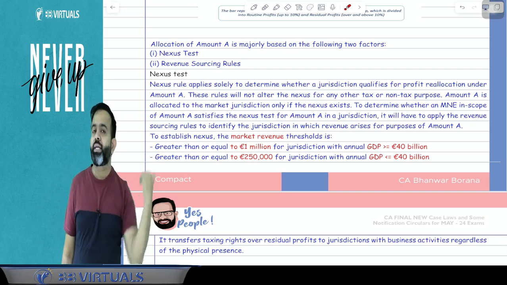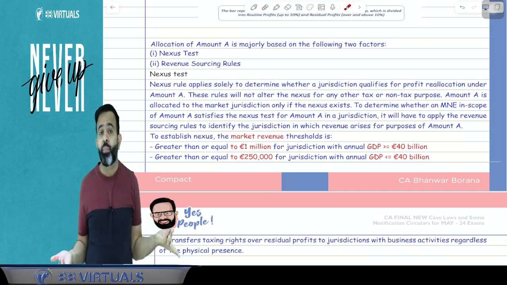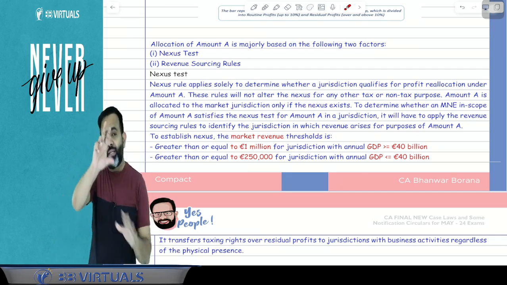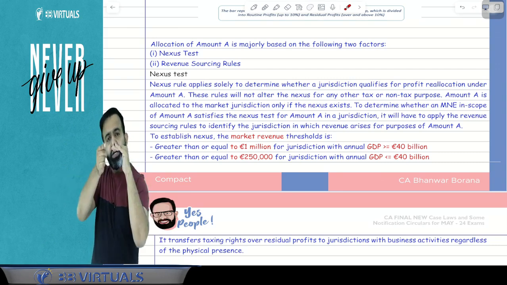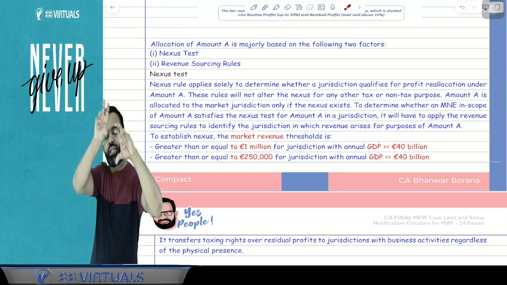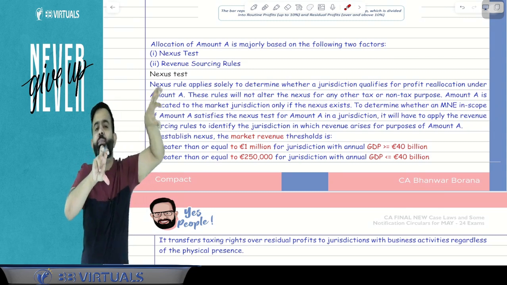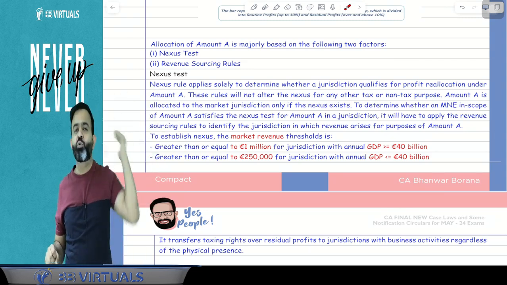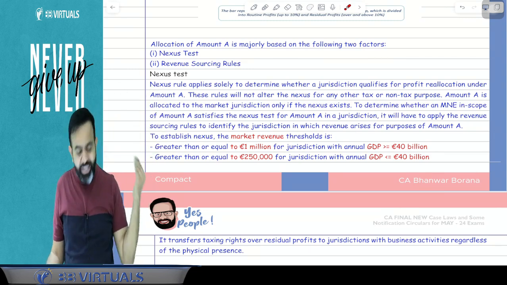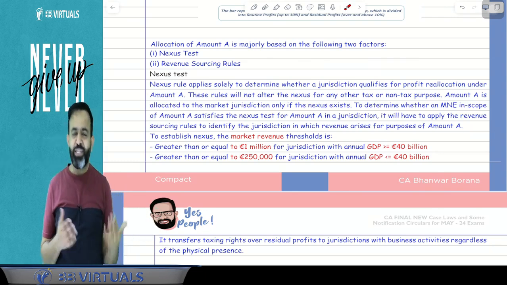For example, they are getting income from India, and in India they are not paying taxes. Then guys, their 10% profit is routine profit, and out of the profit above that 10%, 25% will be allocated to those countries on the nexus test basis. So do you understand what they are doing?